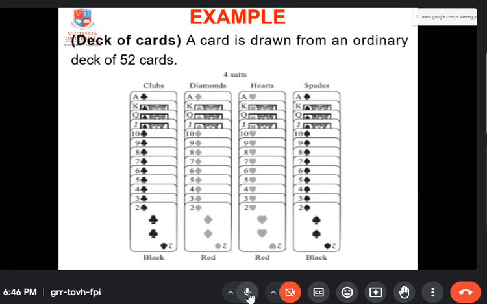Is it a picture card? No, I think that we don't consider that one as a picture card. The picture cards, the ones having faces, I think are K, Q, and J. Those are the picture cards. Is that right?